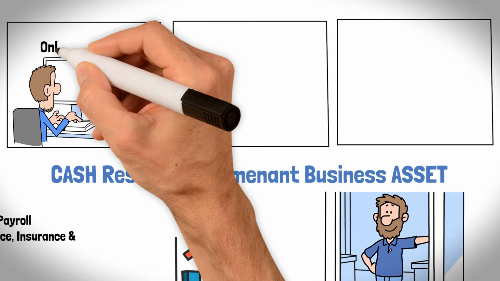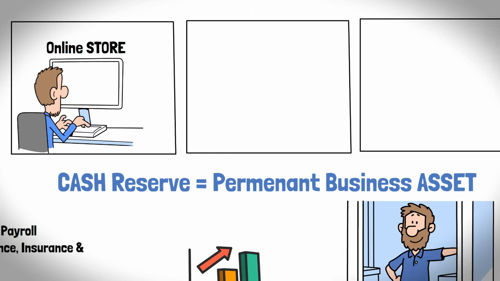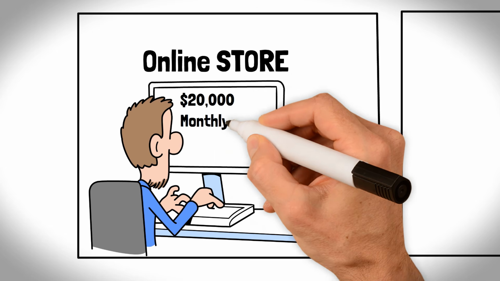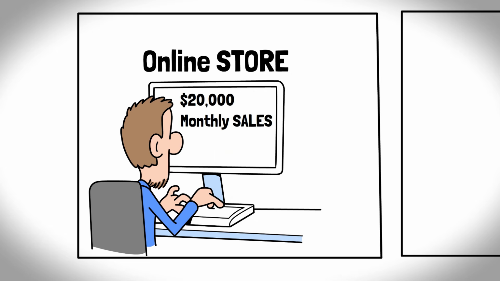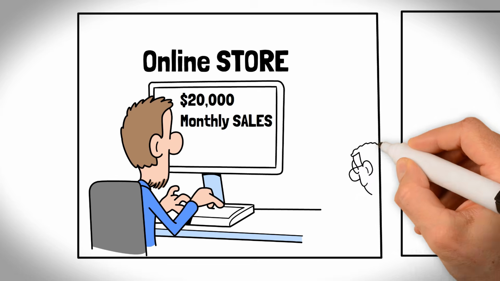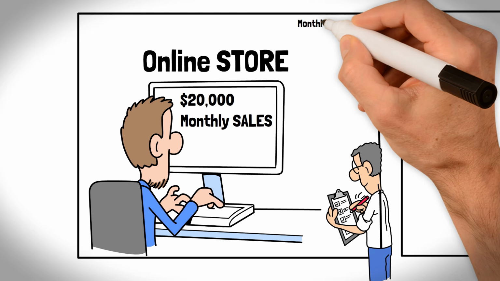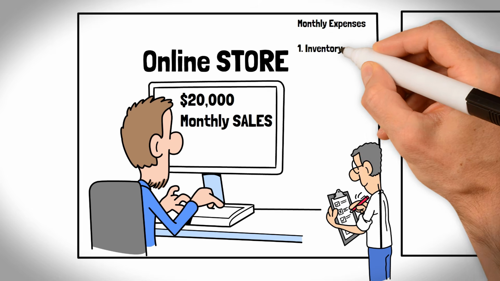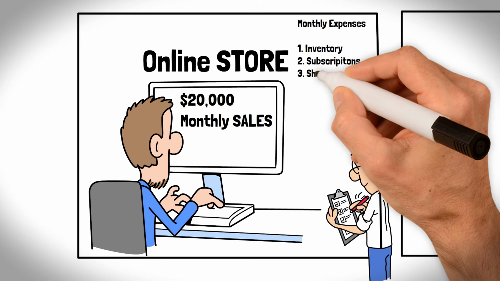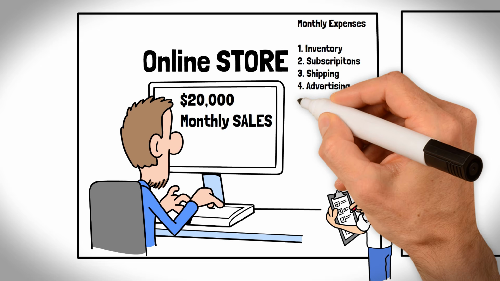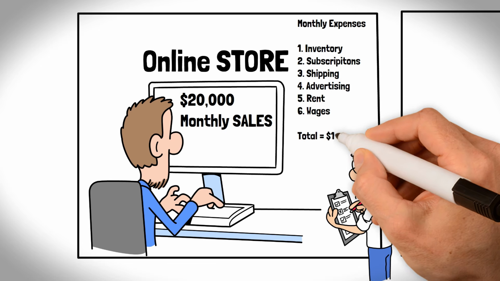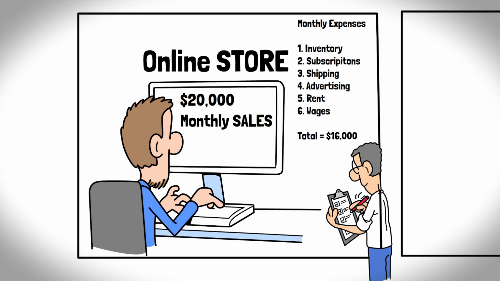Imagine a small online store that generates average monthly sales of $20,000. The owner feels confident because sales appear healthy. However, monthly expenses, including inventory purchases, software subscriptions, shipping costs, advertising, rent, and employee wages total approximately $16,000.